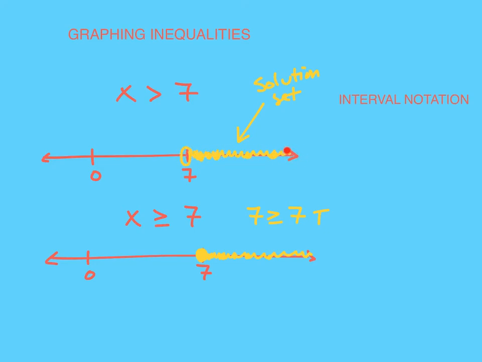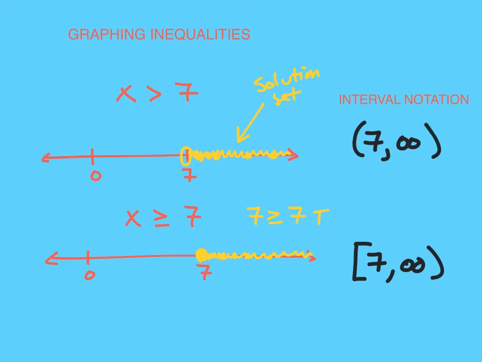It goes to positive infinity. So I can write the solution set as parenthesis 7 to positive infinity. And that's how I would write that. Now, if I was talking about x is greater than or equal to 7, I would use the notation bracket 7 to positive infinity. So all three of these things mean the same thing.